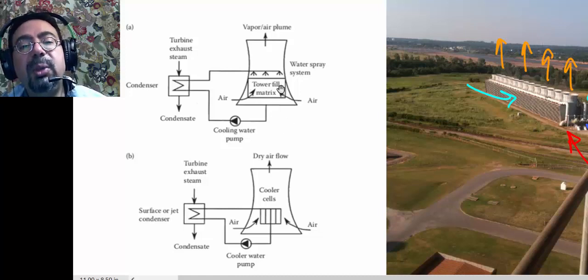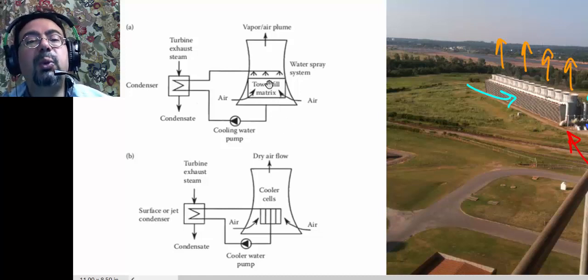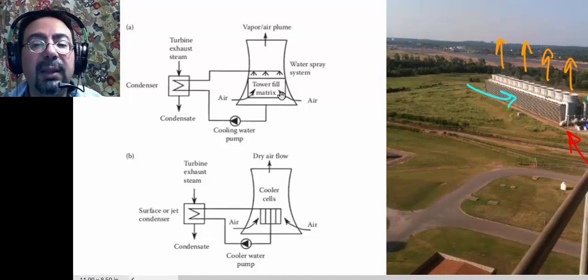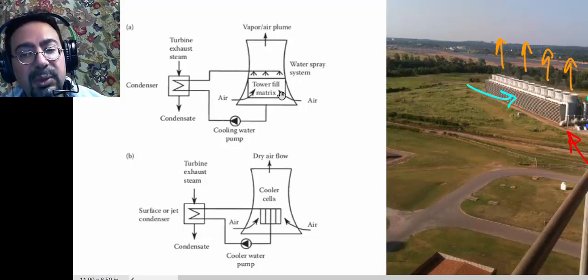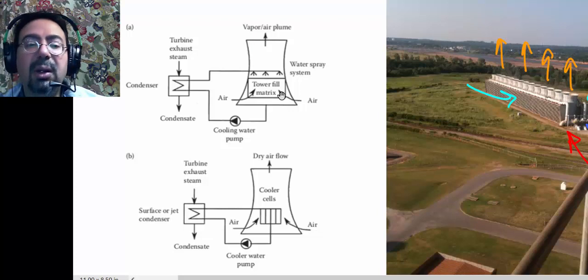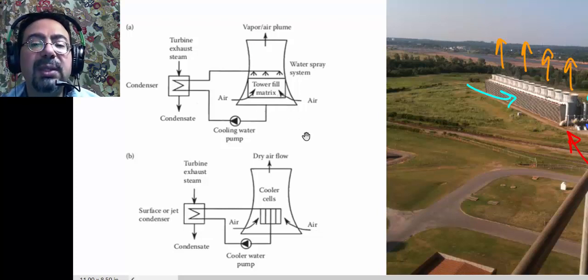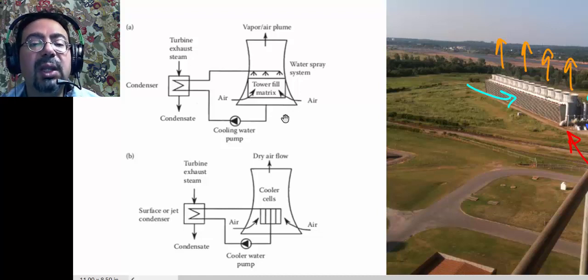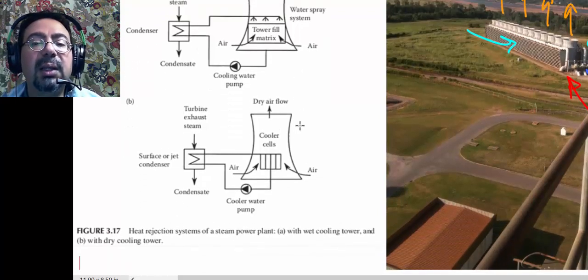In the old days, this used to be wood, and that wood would get rotten. To prevent the wood from rotting, you had to add some bad chemicals to protect it. But then that bad chemical would leak into the ground and give you problems, right? Now they have switched to plastics that will not deteriorate that much and still give you the surface area.